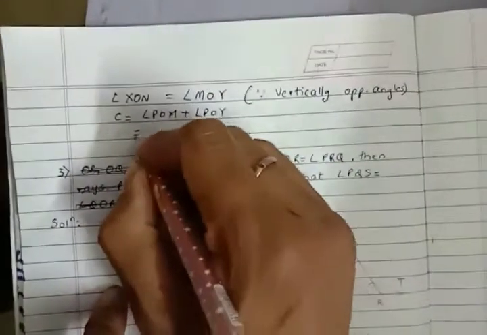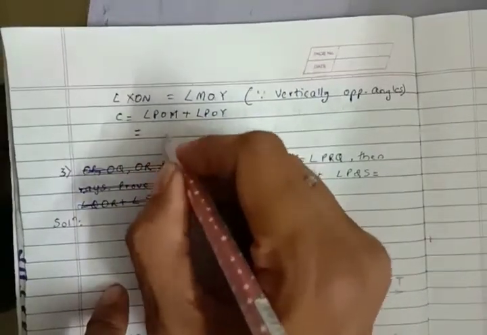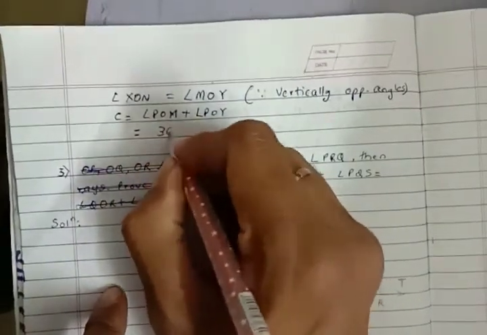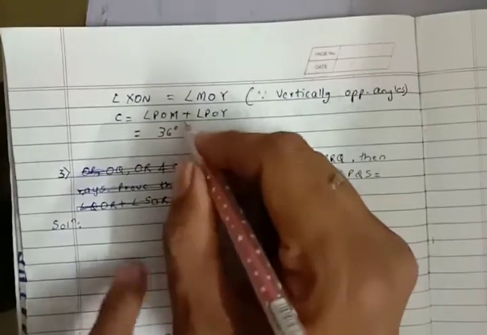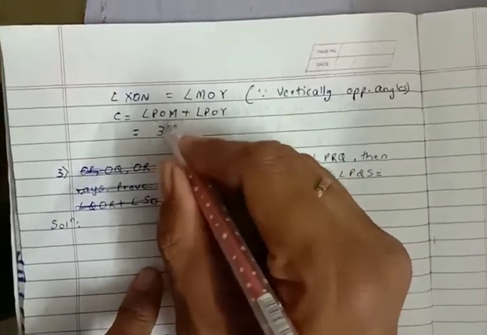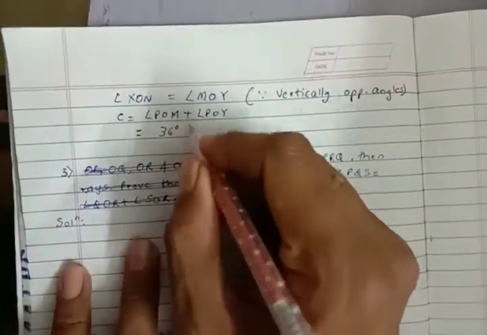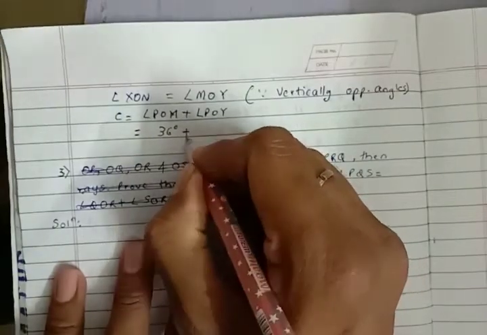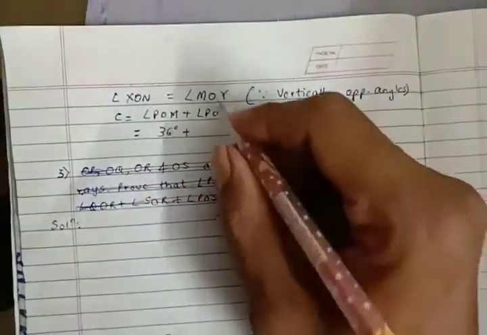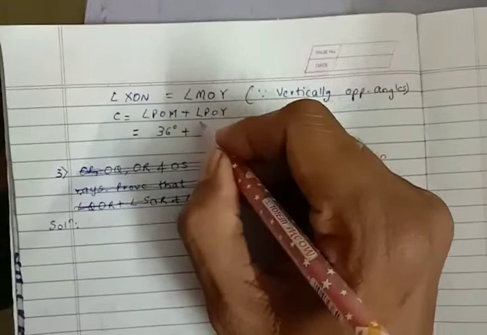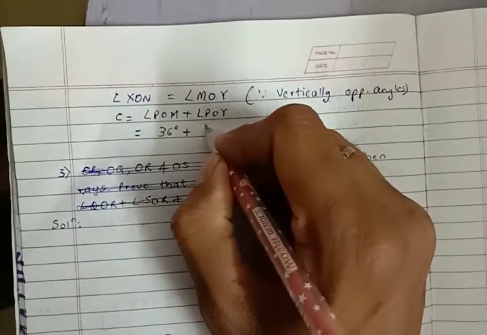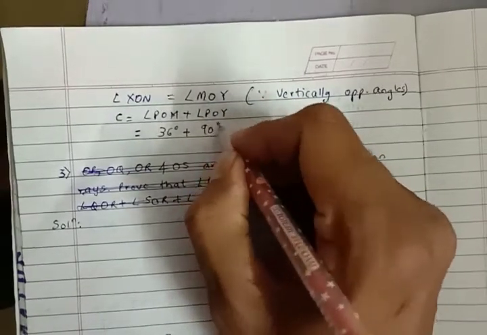Okay, this will be equal to 36 degrees. We know that POM, we have worked out, is equal to 36 degrees and angle POY is 90 degrees.